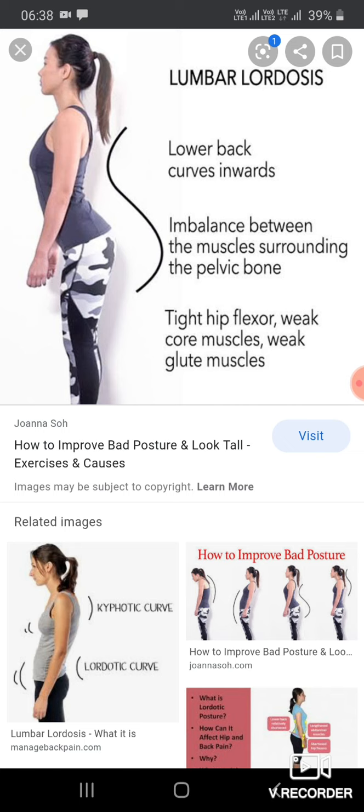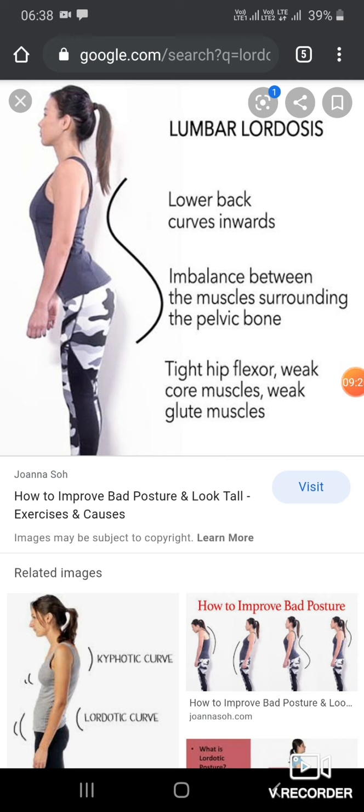Okay, this is the bad posture of this deformity. The corrective measure is that we have to do forward bending alternate touch. Okay, for this corrective measure, we also provide the notes, you have to see and write.